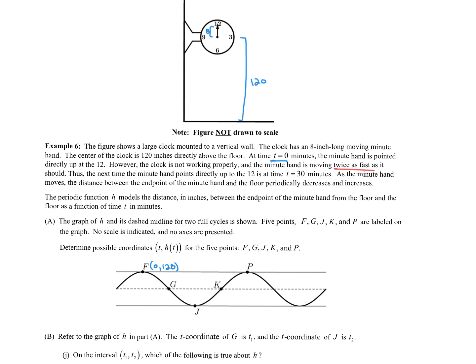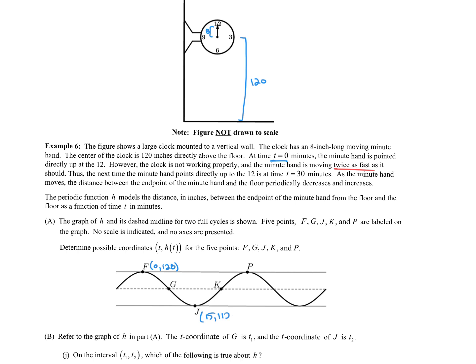All right? So then I'm going to go to J, because that one makes sense to me first. And so J is the lowest point. And we talked about this already. So how low is my lowest point? 112. All right? And what time is it going to be at the lowest point? At 15.